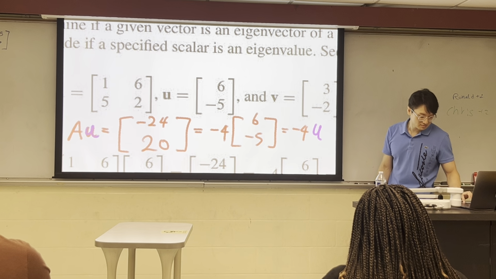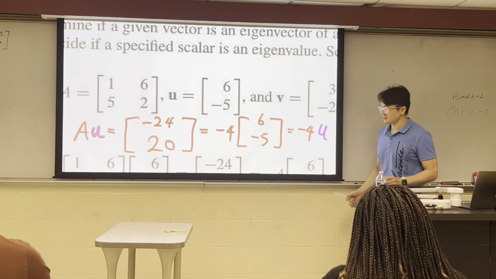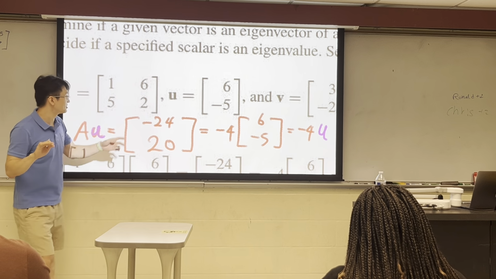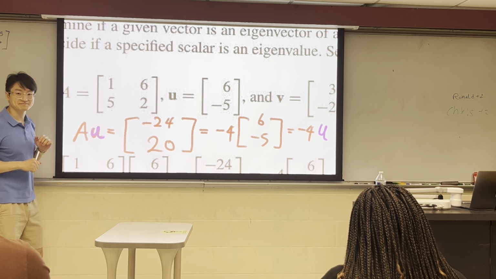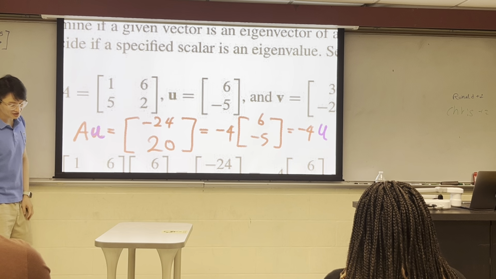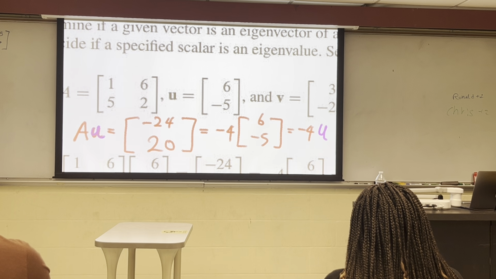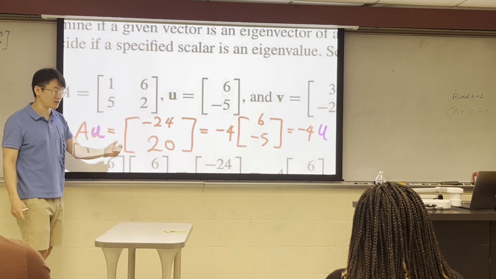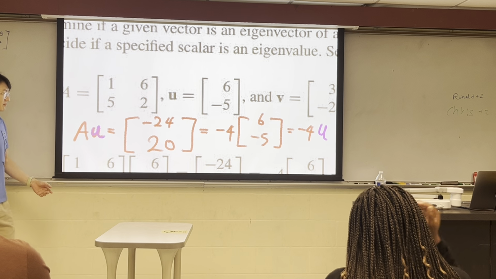Okay, so let's say matrix A, what is the size of A? 2 by 2, right? Let's say in the future you're dealing with some gigantic data and you're trying to do machine learning, you're trying to find the eigenvector. And let's say you found the eigenvector and eigenvalue.